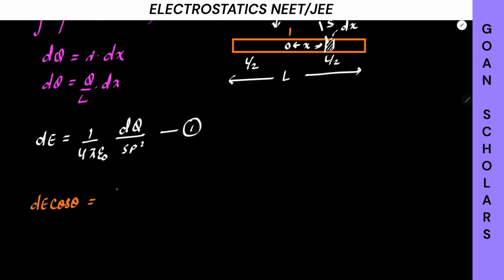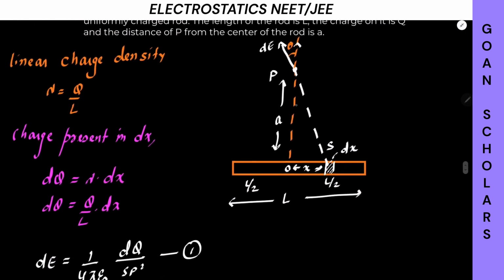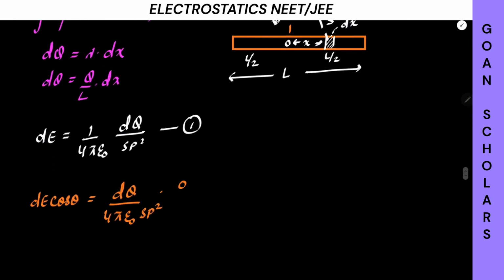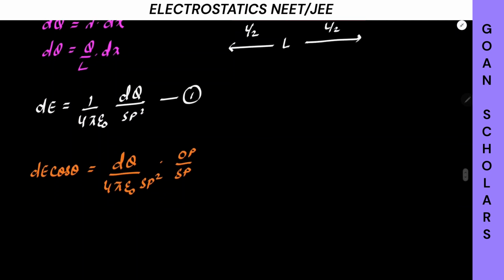And dE cos theta will be equal to dq upon 4 pi epsilon naught SP squared, times cos theta. And what is cos theta? If this is angle theta, then cos theta will be base, which is OP, upon hypotenuse SP. Correct? OP upon SP. I hope this is clear.